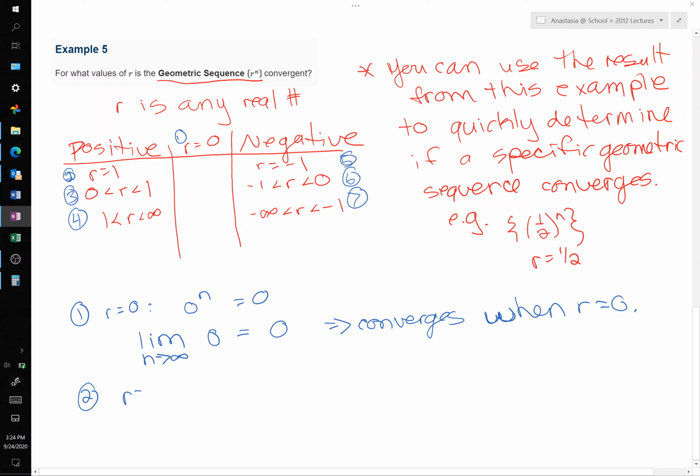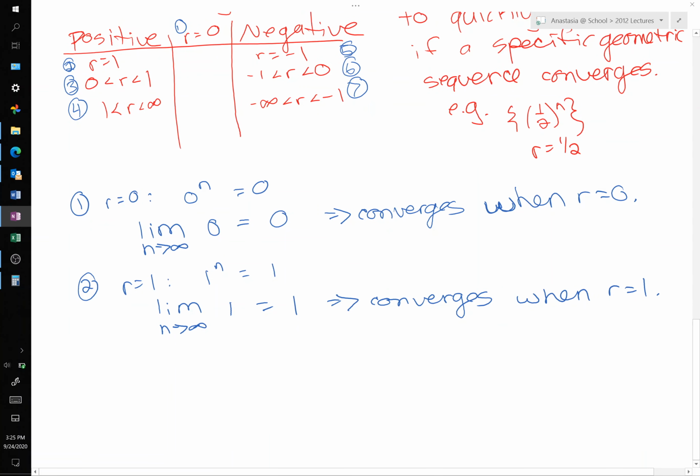Second case, r equals 1. Well, 1 raised to any number is just 1. So the limit as n goes to infinity of 1 is just 1 since it's a constant, which means this converges when r equals 1.